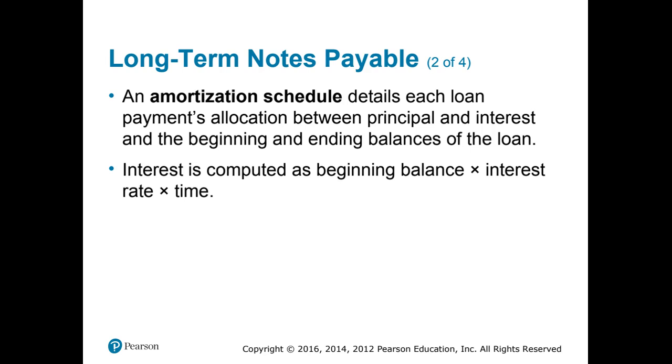An amortization schedule details each loan payment's allocation between principal and interest and the beginning and ending balances of the loan. Interest is computed as beginning balance times your interest rate times the time or the period.